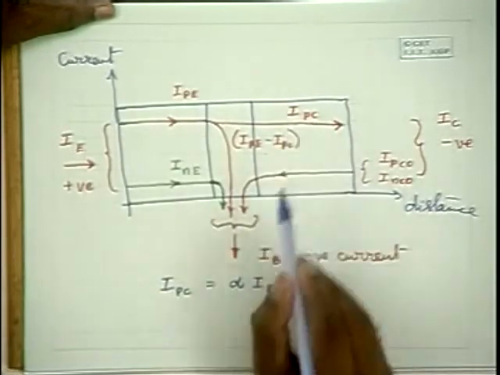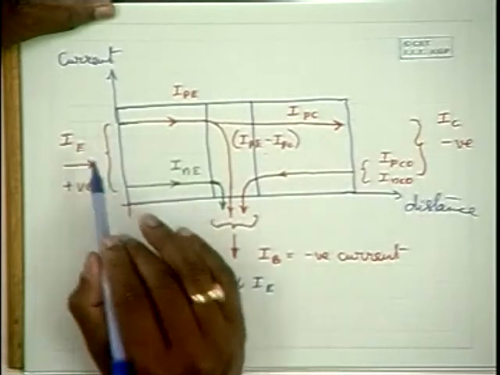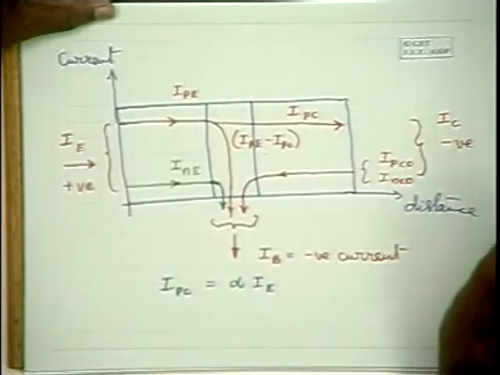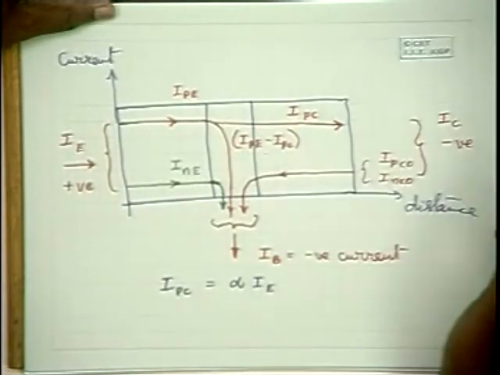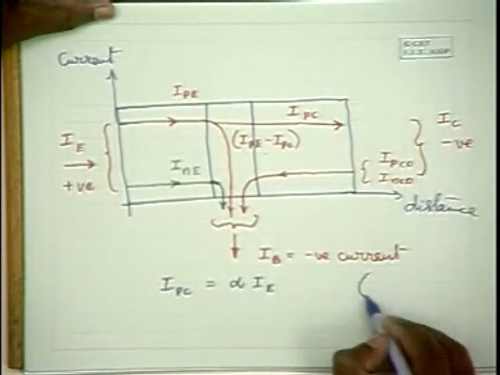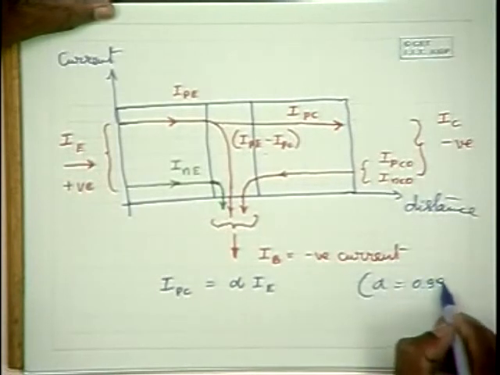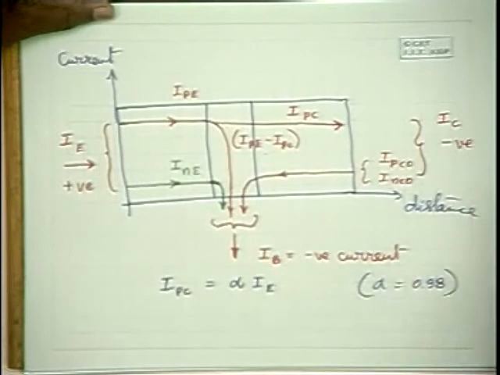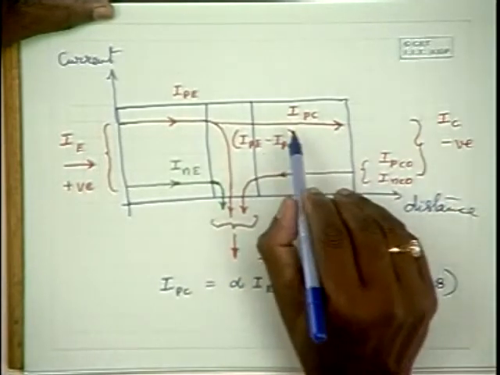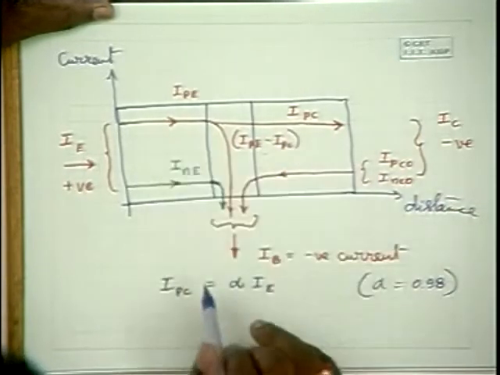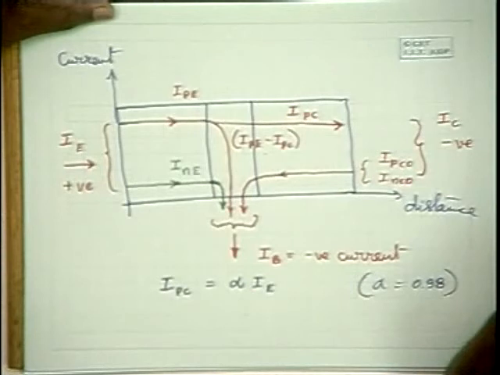Therefore, this current IPC can be expressed as a fraction of IE, almost about say 98% of IE. So alpha is of the order of about 0.98. So we can definitely express this IPC as alpha times IE.